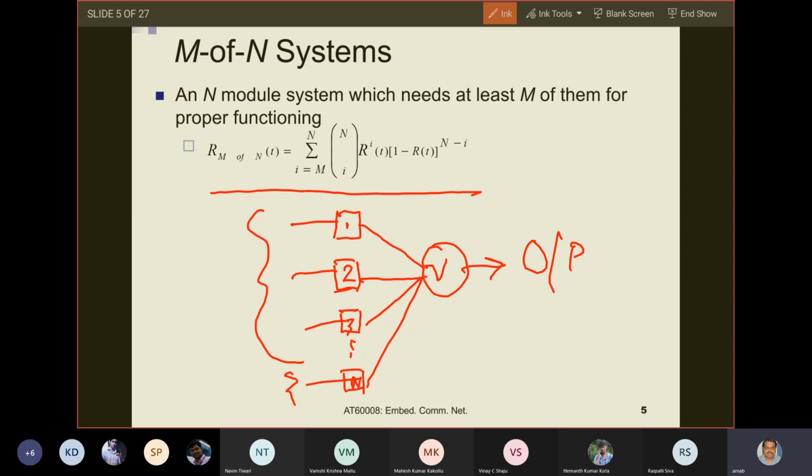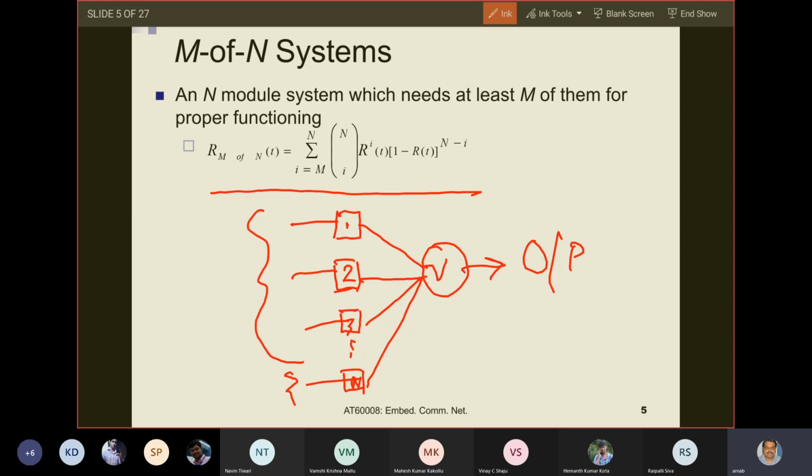Now you could have two of the components not working correctly and n minus 2 working correctly. If you argue on that, in how many ways can you generate subsets of 2 from a set of n components?